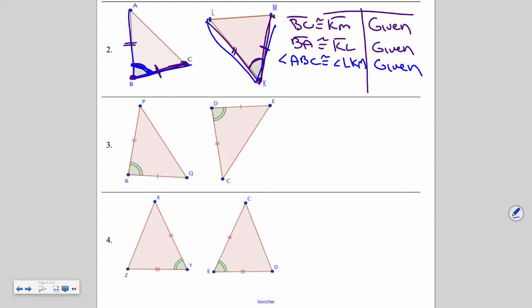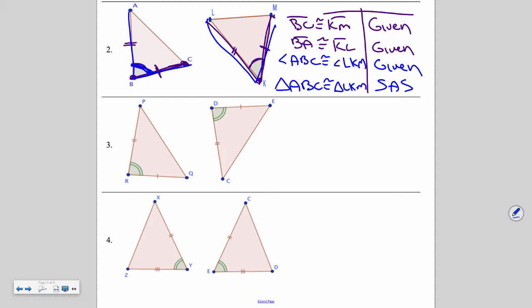Now I have a side, an angle, and a side, so I can say triangle ABC is congruent to triangle LKM by side, angle, side. So it's taking the visuals and actually writing down your reasoning.